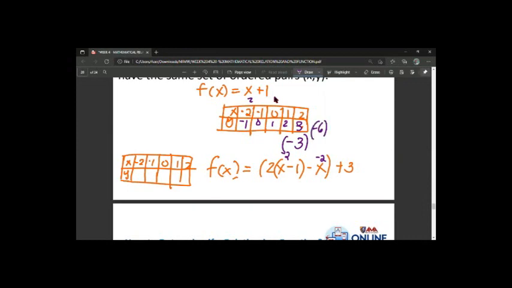Ito, naka-enclose ito. Guys, may negative dito. That is negative plus, times negative. That is positive. So, positive 2. So, from that is negative 4. So, negative 4 plus 3. Okay? That is negative 1.